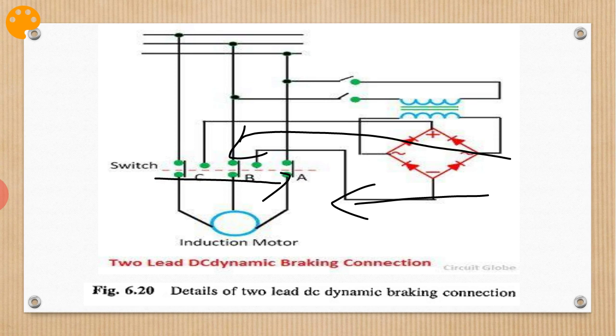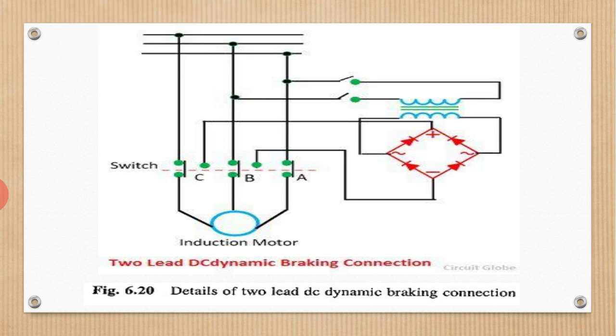So the rotor is rotating when you apply the DC supply to the stationary stator, and the stationary magnetic field is produced. As the rotor is rotating, this DC flux cuts through the rotor and induces the EMF.